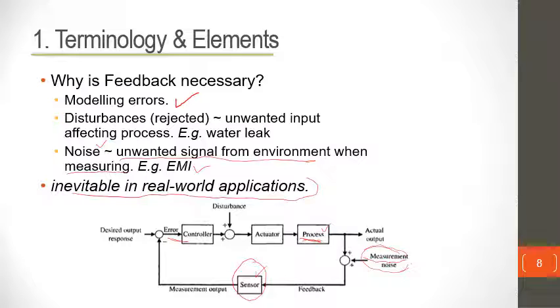Those unwanted signals will then be called noise. So to recap, we need feedback in control systems because of three reasons. The first being to deal with modeling error, the second being to reject disturbances, and the third being to deal with measurement noise.